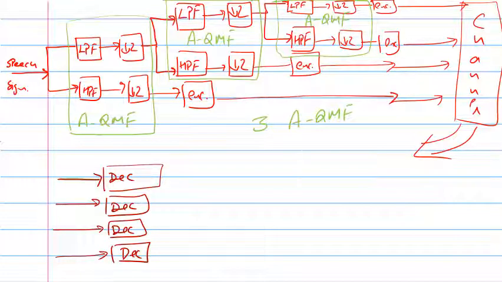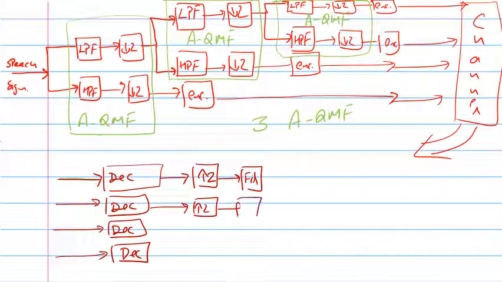Okay, then it will pass through an upsampler, then a filter. This is upsampled by 2. This branch is also passed through an upsampler, then a filter. Okay, then these two will get combined, will be added.